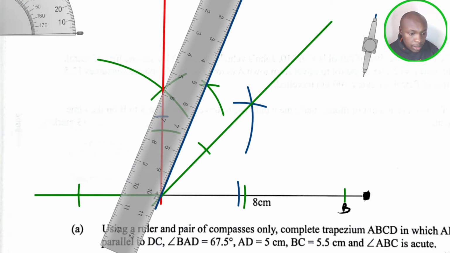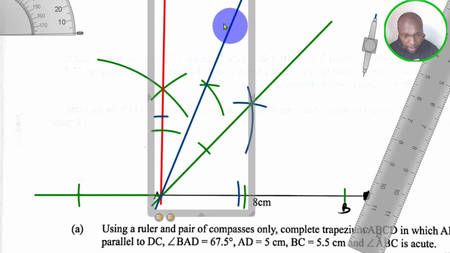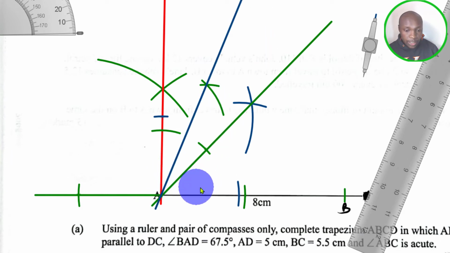Now that is 67.5. So I started by constructing 90 degrees, then I bisected 90 degrees to get 45 here and 45 here. Then I bisected this 45 that is here, and now I have 22.5. I can indicate these.